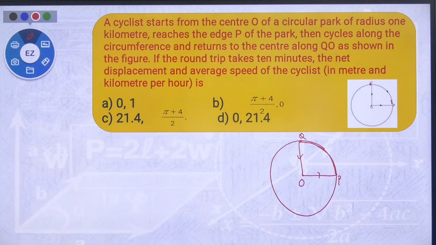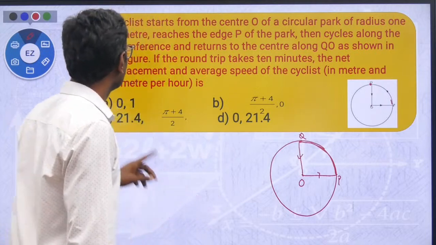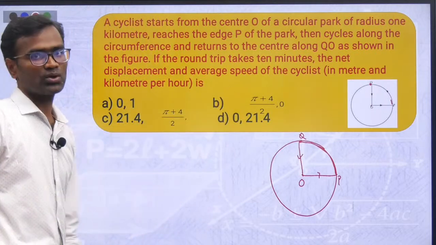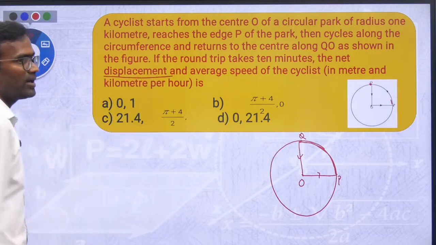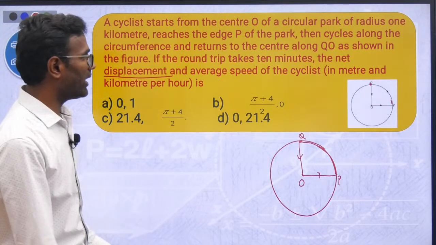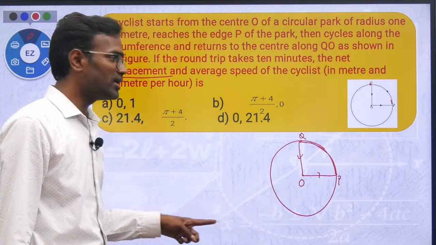Now what is it asking? If the round trip takes 10 minutes, the net displacement and average speed. So two questions are there here. Net displacement: for finding the displacement, we just see the initial point and the final point. What is the initial point?